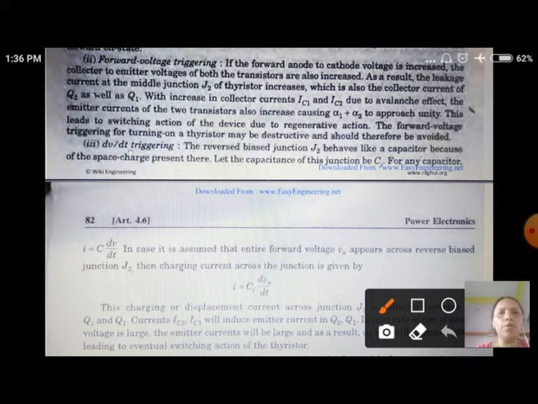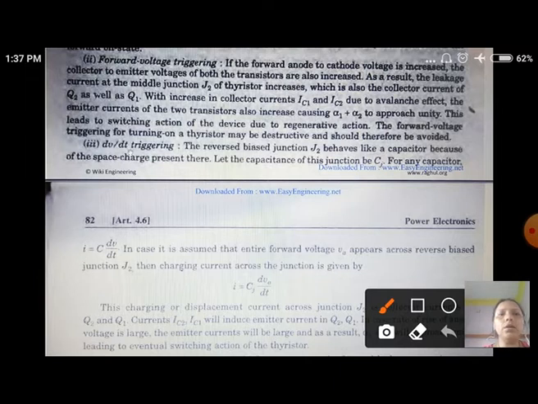If the forward voltage across anode to cathode is increased, the collector to emitter voltage of both transistors Q1 and Q2 also increases, as I showed you in the two-transistor circuit before.